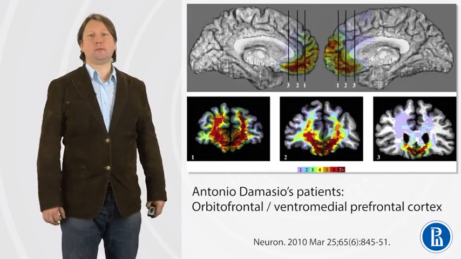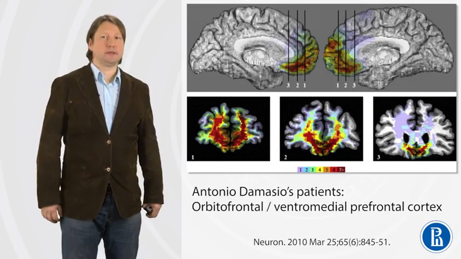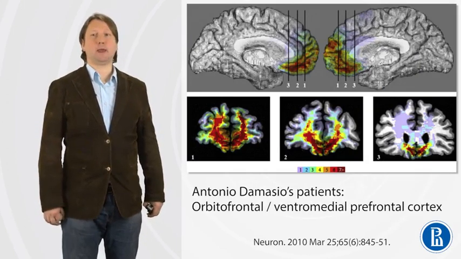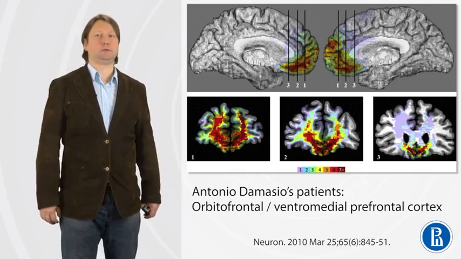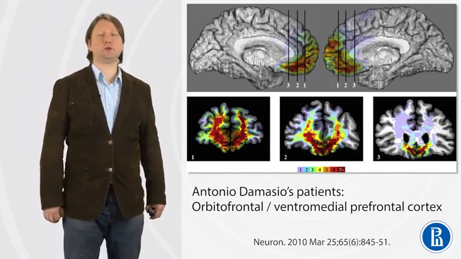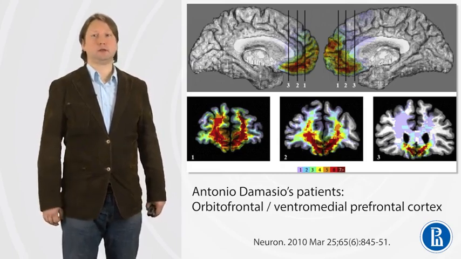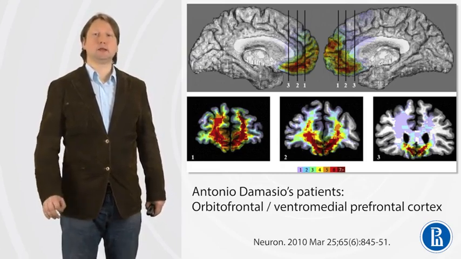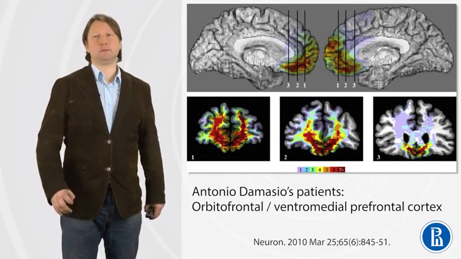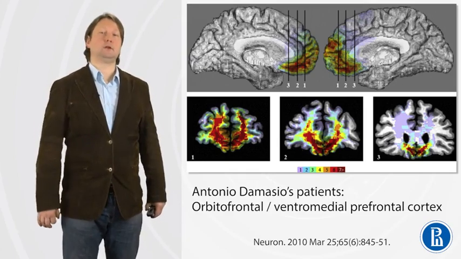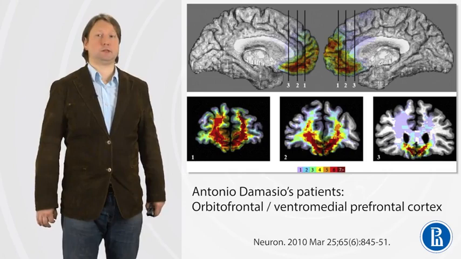Antonio Damasio was so interested in this case that he collected patients with similar traumas, with similar lesions. This picture indicates the main focus of these traumas. In most cases, the orbitofrontal cortex, or the medial ventral prefrontal cortex, was damaged.